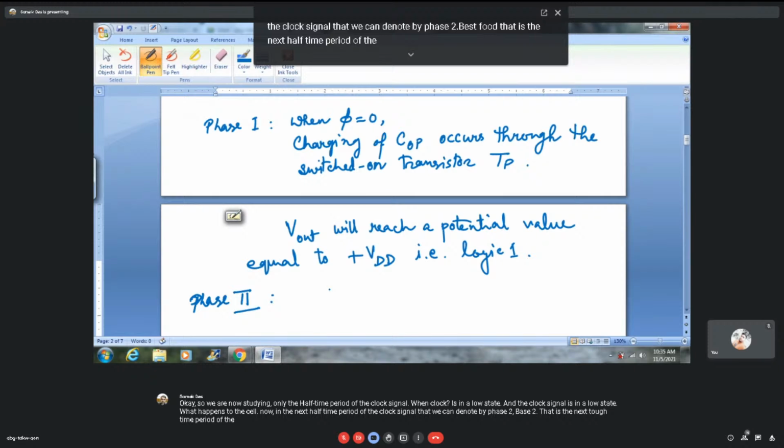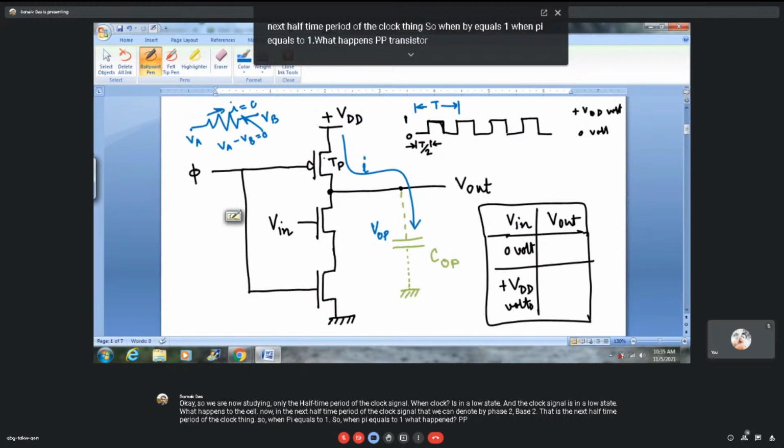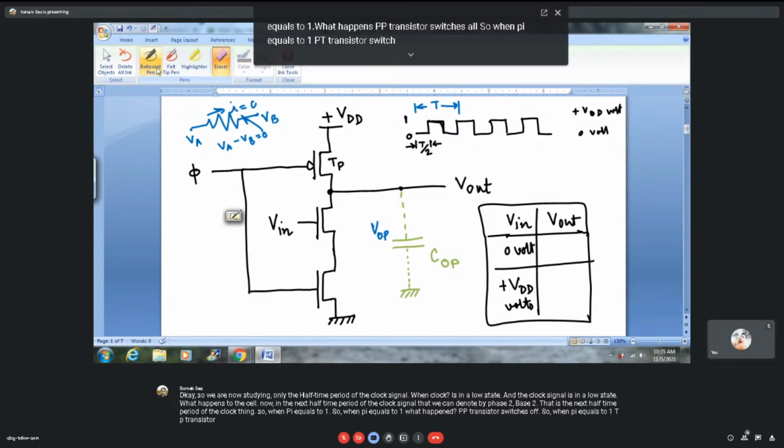So when phi equals 1, what happens? The TP transistor switches off. So this transistor becomes off and this transistor is on.